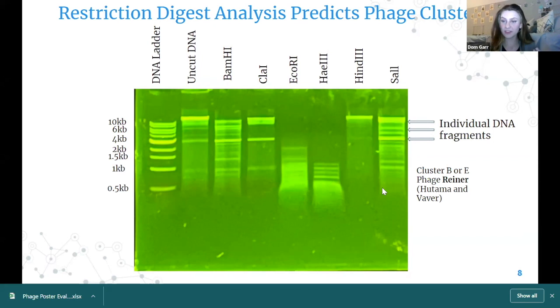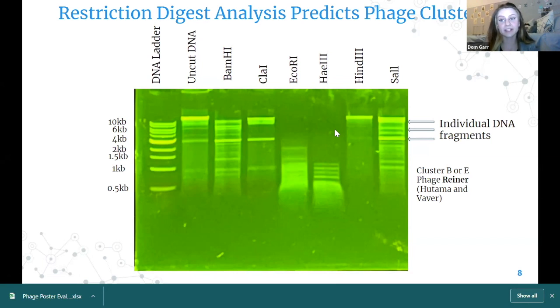We can then count these fragments and cross-reference the fragments in this gel with gels of phages that have previously had more sequencing done, which allows us to compare the genomes of phages from our lab to phages that have already gotten placed in a proper cluster. This allows us to guess the cluster of our phage based off of the cuts in the gel.